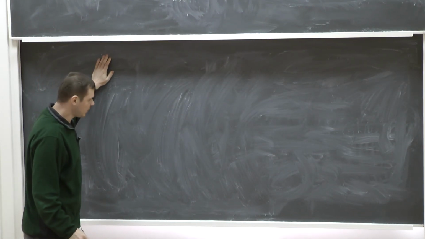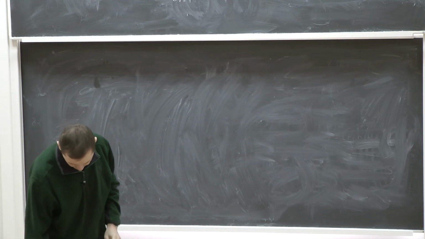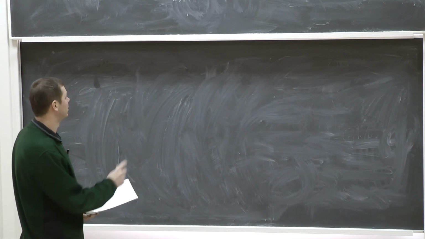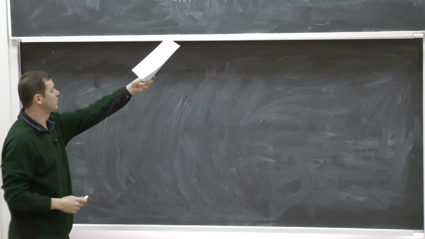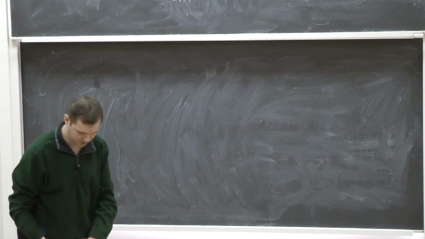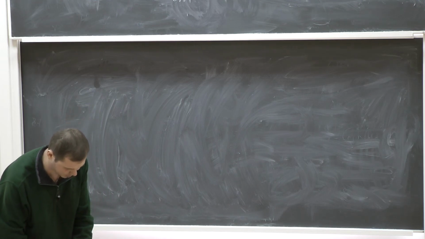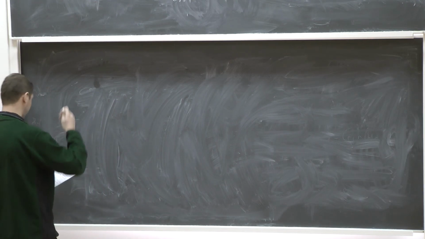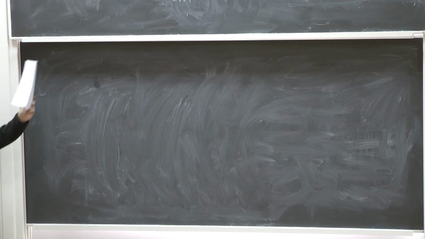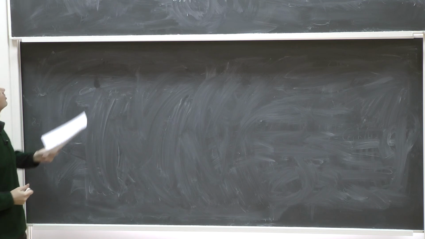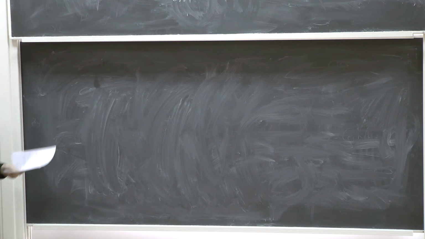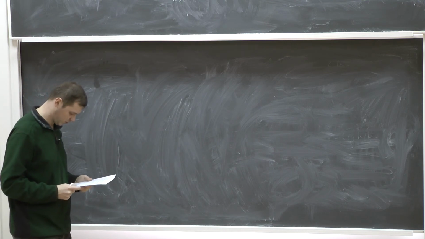So let me first say some words: what do we assume? Some conditions on Y, and then I'll give some motivation and give you the definition of Hodge numbers, from which the Katzarkov-Kontsevich-Pantev conjectures will be clear.